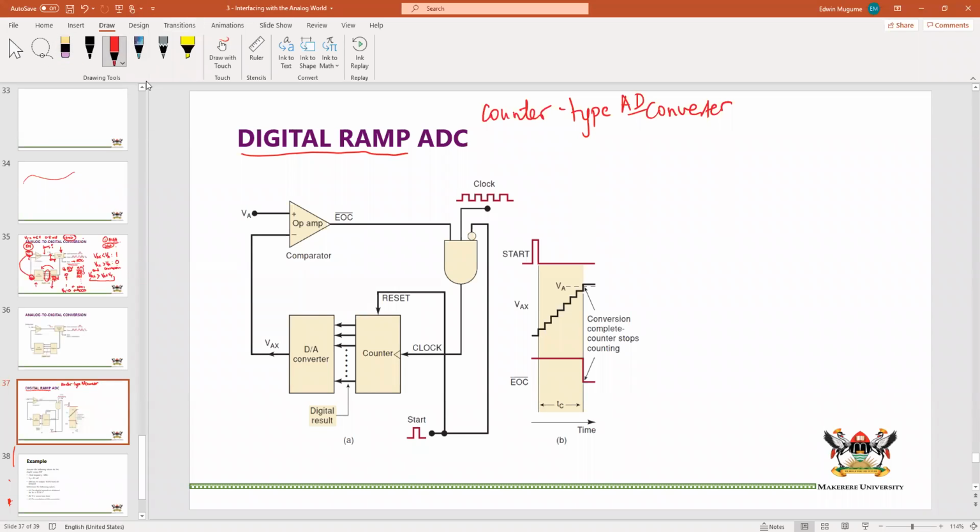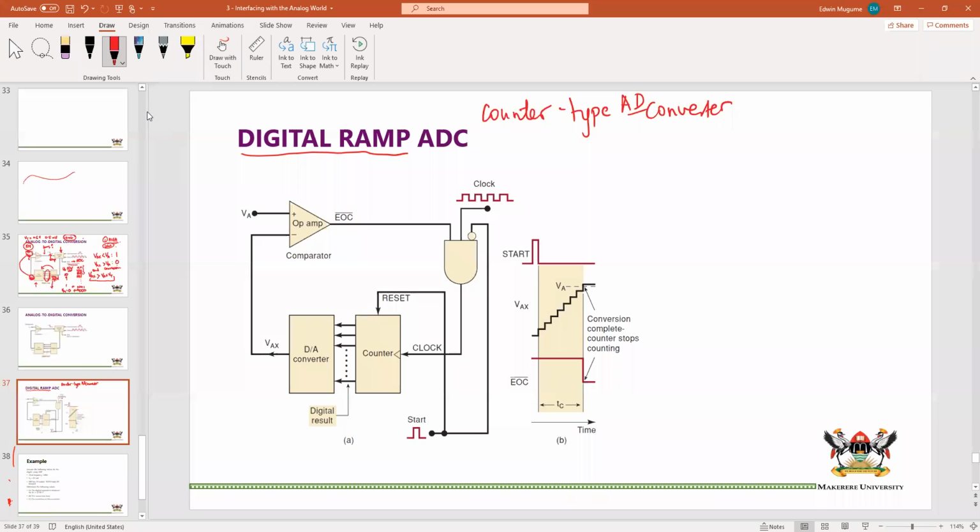Based on the explanation that we had earlier, this counter will count from 0000. It will continue counting until its equivalent output VAX is comparable to VA and is slightly greater than VA by a certain threshold, as we have just talked about. You might ask, with the register, where does the information keep coming from?